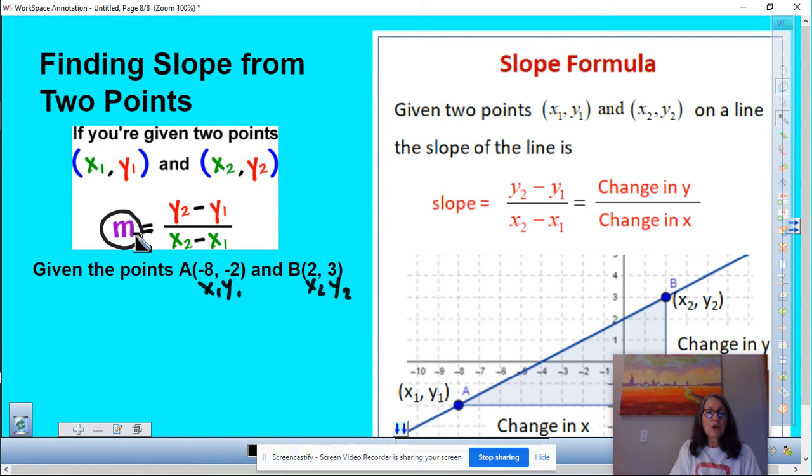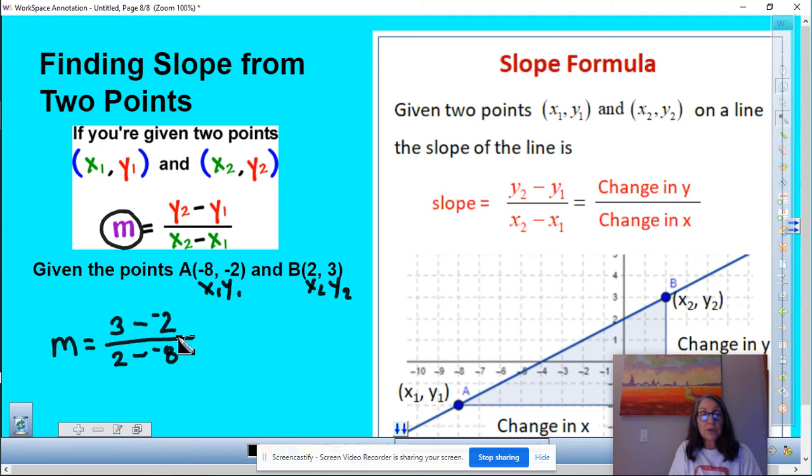So here we have the slope m is equal to the change in our y. So we're going to take our second y, which is 3, and subtract it from our first y, which is -2. And then we're going to take our second x, which is 2, and subtract it from our first x, which is -8.